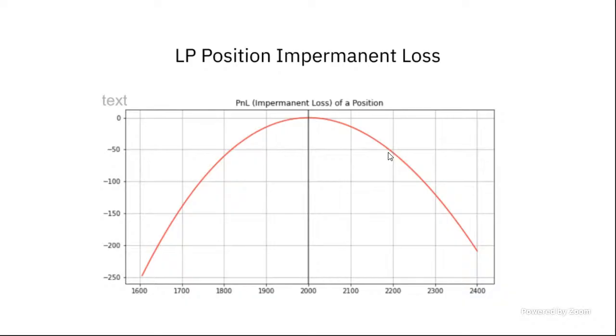When you include fees, this curve will move up. And so what we want to make sure is that whenever we rebalance is at places such that the impermanent loss has been compensated by the fees that have been earned and by the risk that our LPs have been exposed to.